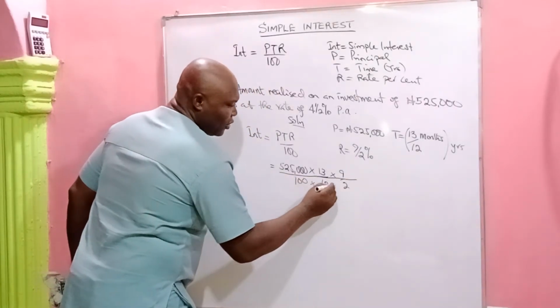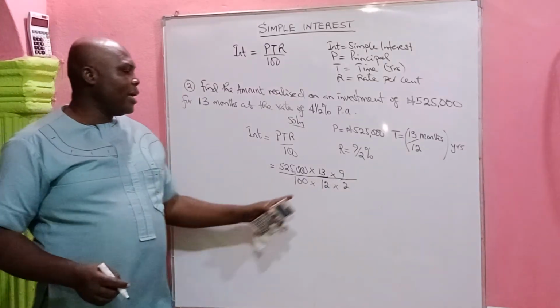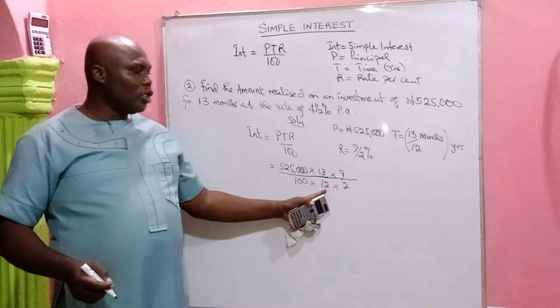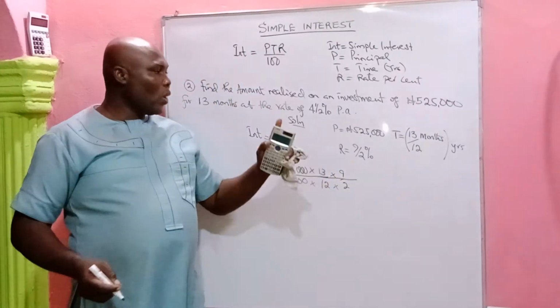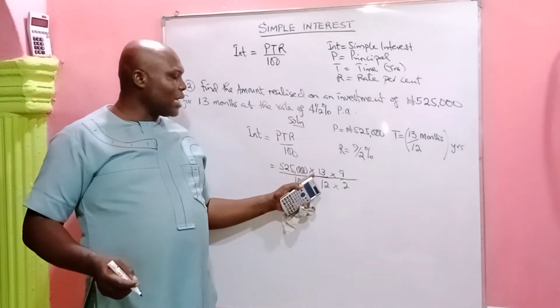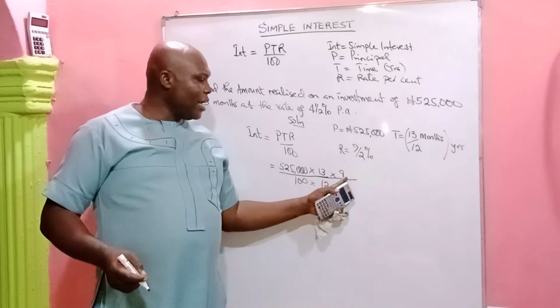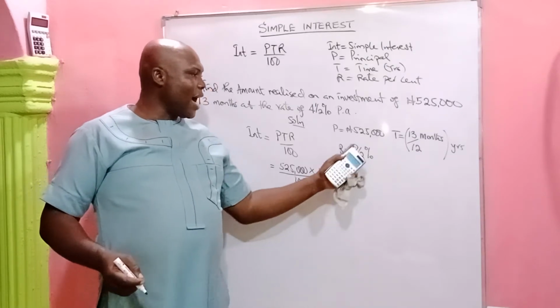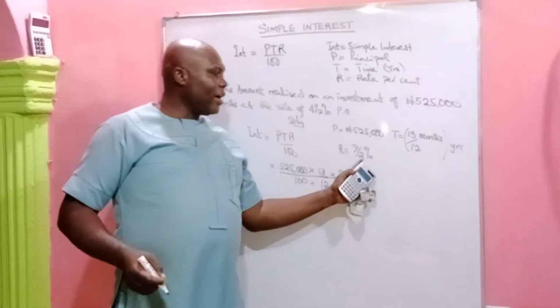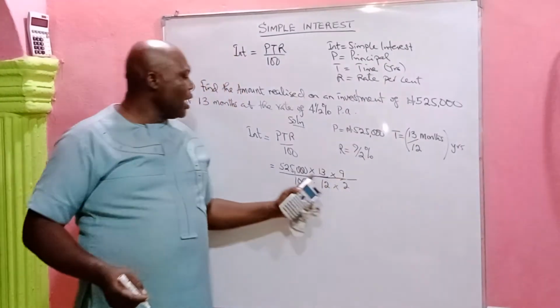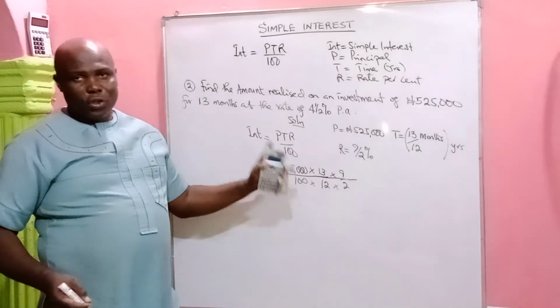So our 100 is now multiplied by the denominator of the time, which is 12, and the denominator of the rate, which is 2. So we have 525,000 times 13 times 9 over 100 times 12 times 2. Take note of that.